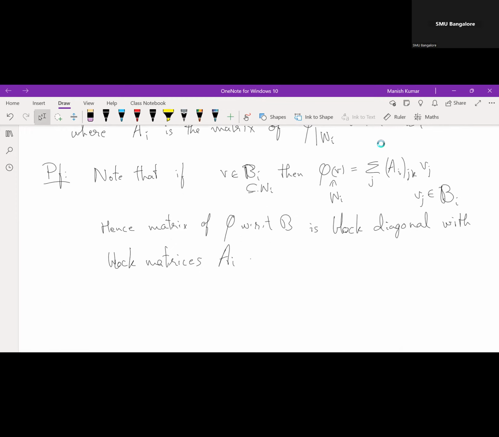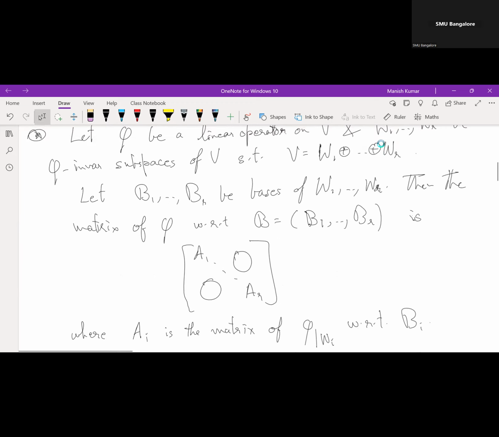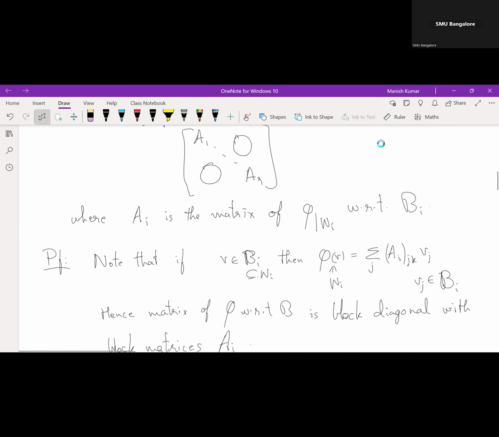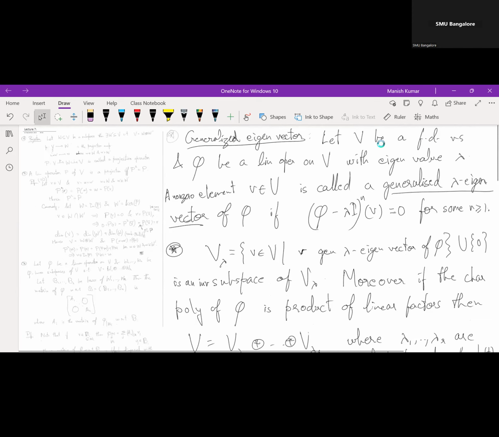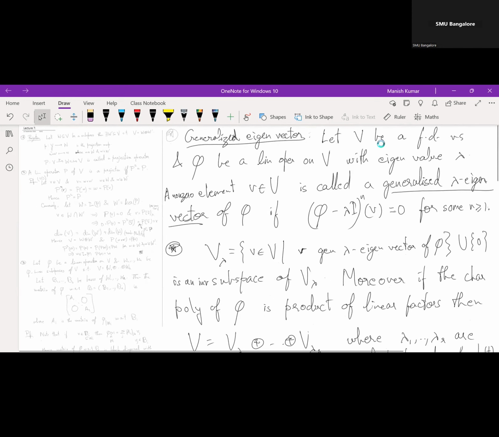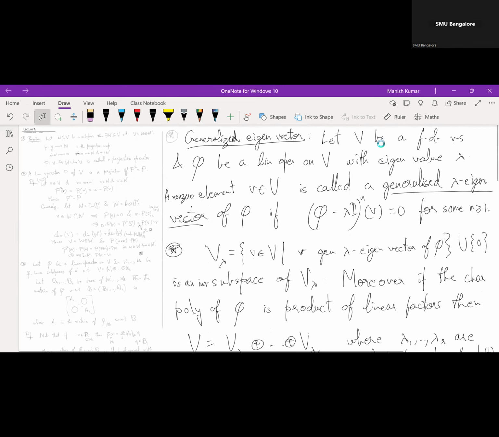This will be used to find the Jordan form, where we will do some sort of decomposition, first into generalized eigenvectors. I hope that part is okay. So let's get into generalized eigenvectors.